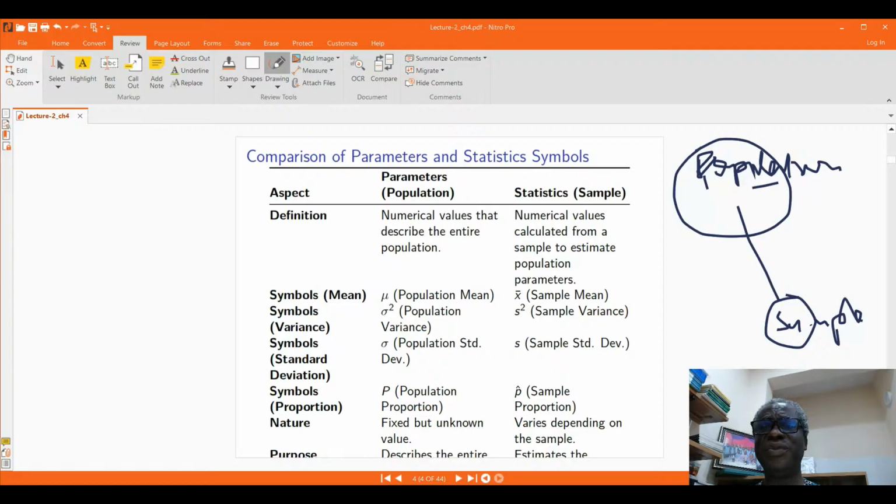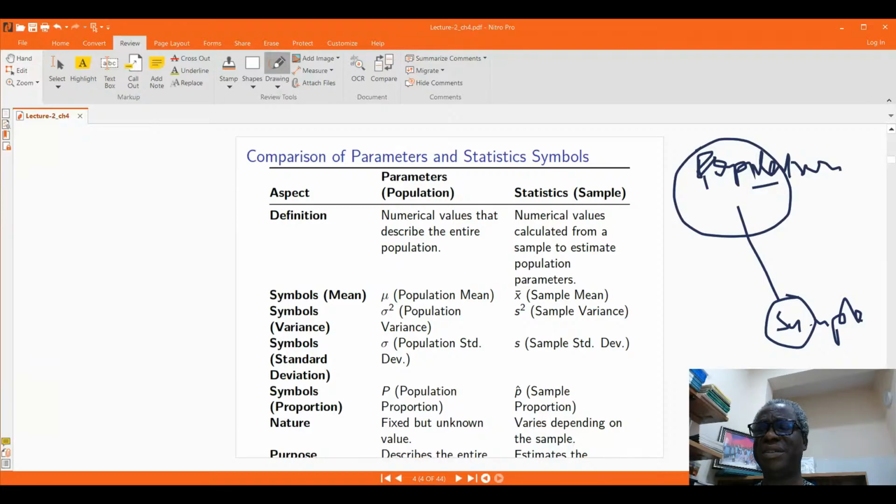So if you compute the total from the population, then we say population total. So it's a parameter. If you compute the mean, the average, from the population, then you say population mean, and so on.